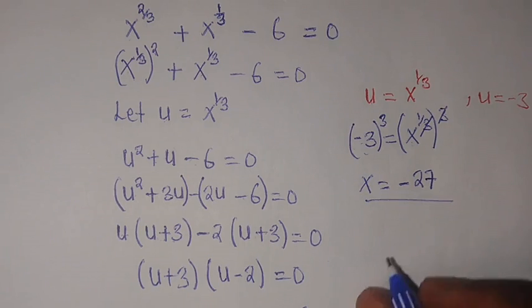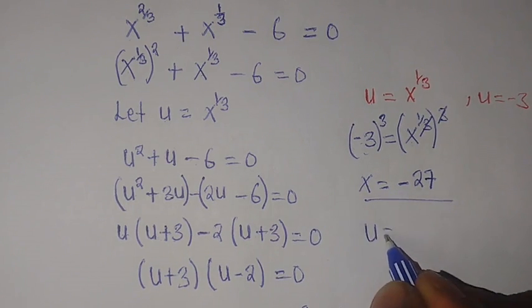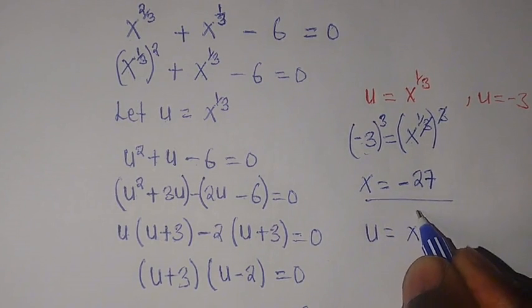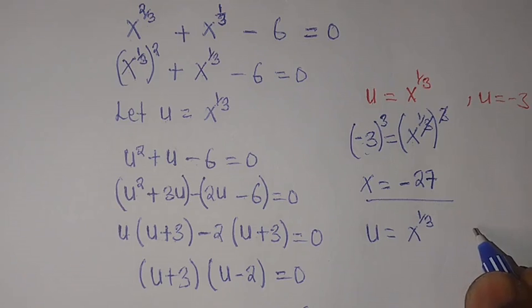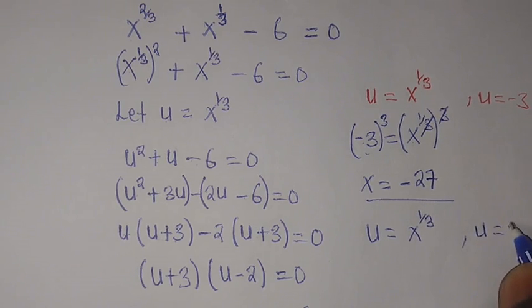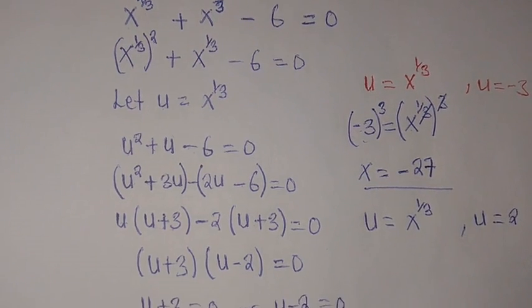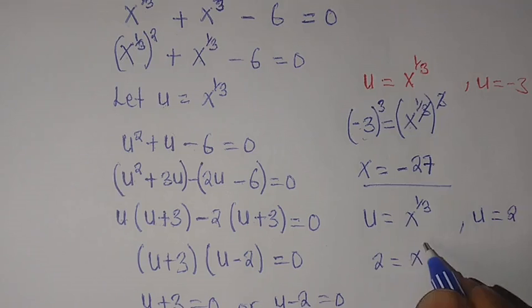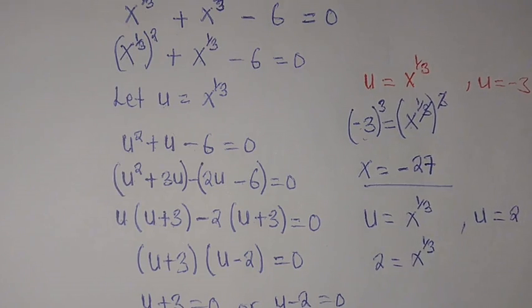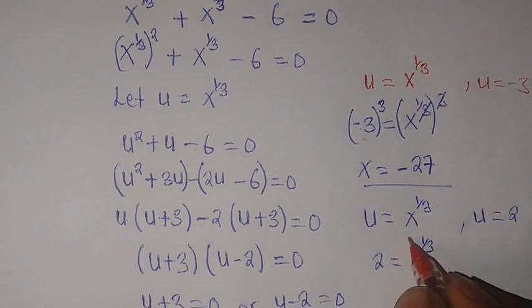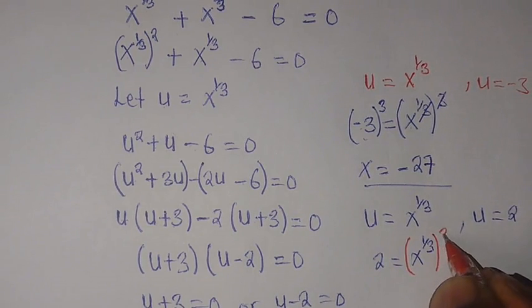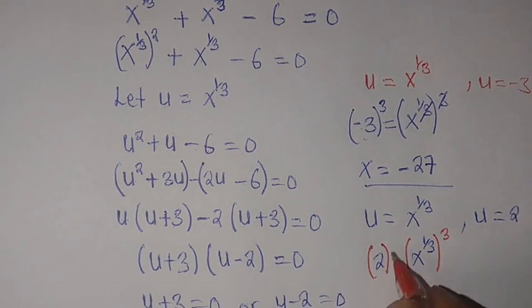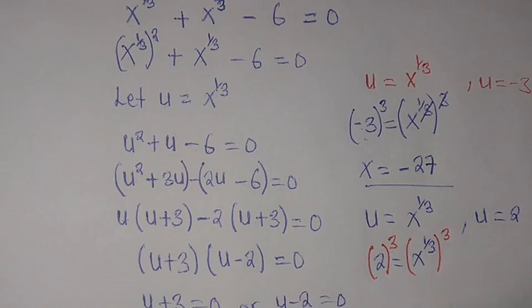Remember, we found two values. So again, u is equal to x to the power 1/3 when u is equal to 2. That was the other value of u. Where there is u, substitute 2, equal to x to the power 1/3. I'll do the same: raise both sides to the power 3, so that the powers cancel.